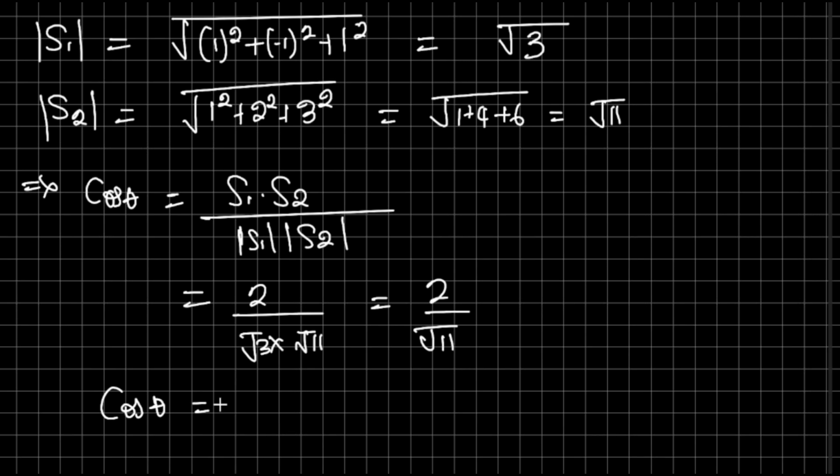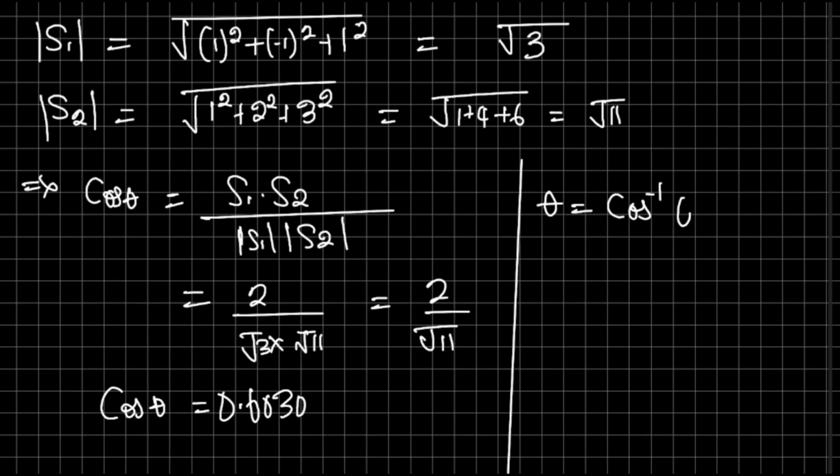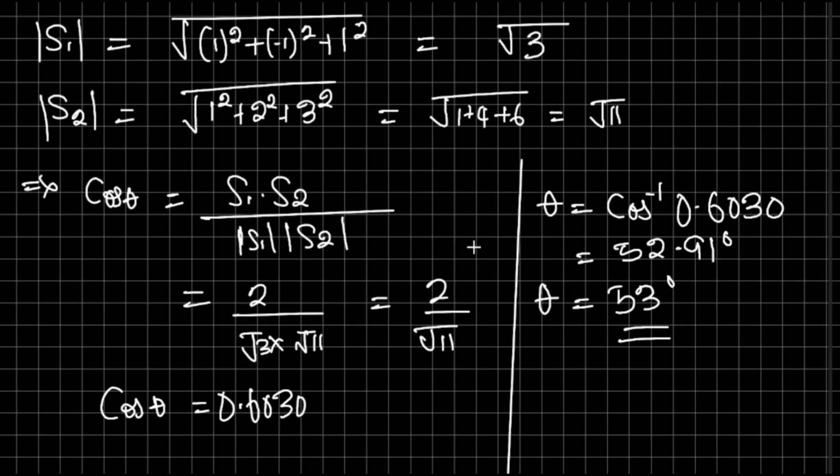Shift, cos inverse of the answer. That will be 0.6030. So theta equals cos inverse of 0.6030, which gives 52.91 degrees. So theta equals approximately 53 degrees. This is how to find all those things.